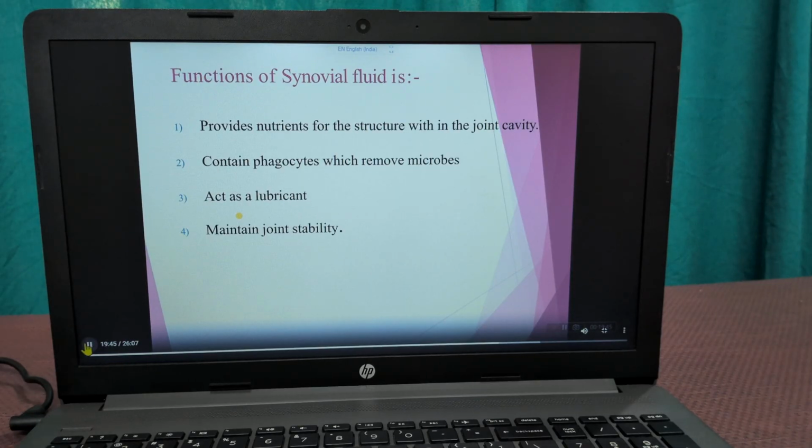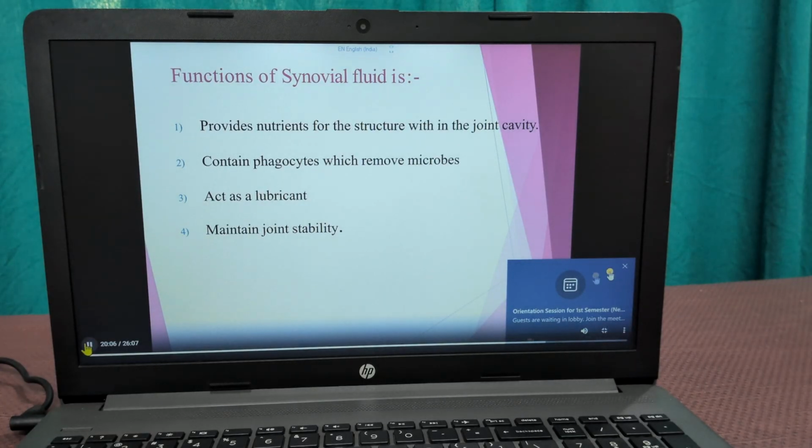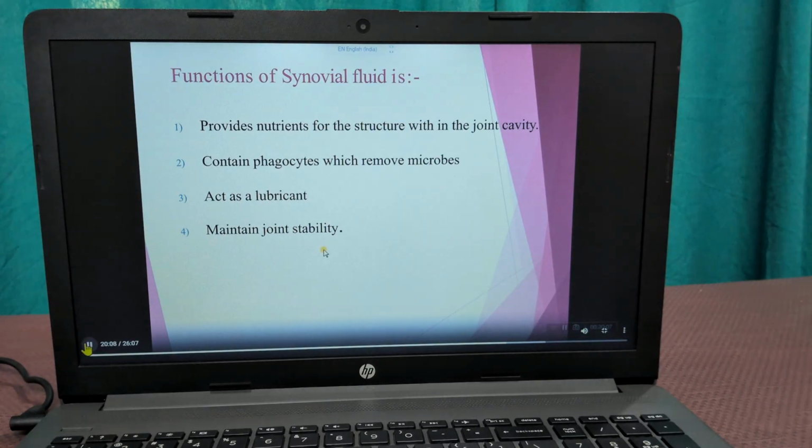Synovial fluid also acts as a lubricant so that there is smooth movement of the joints. So they engulf the microbes and also provide nutrition to the joint cavity. The cavity is the hollow space mainly for the synovial fluid. And it also maintains joint stability.